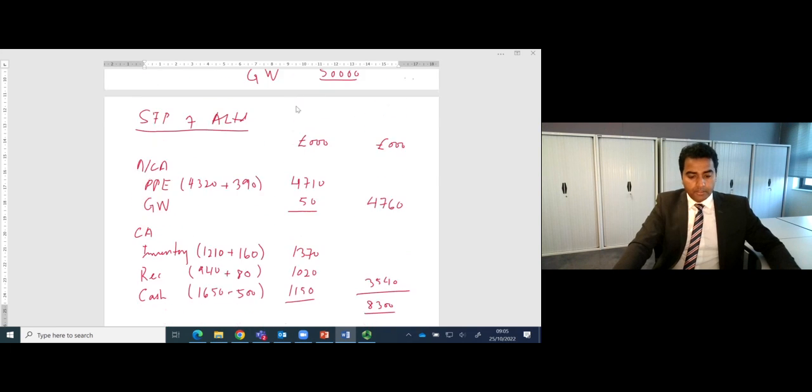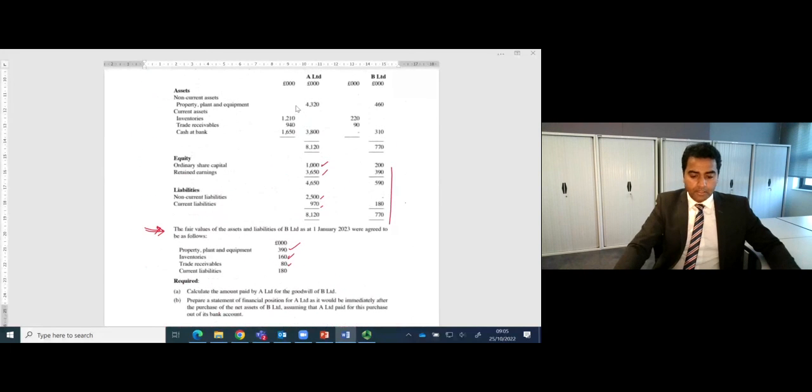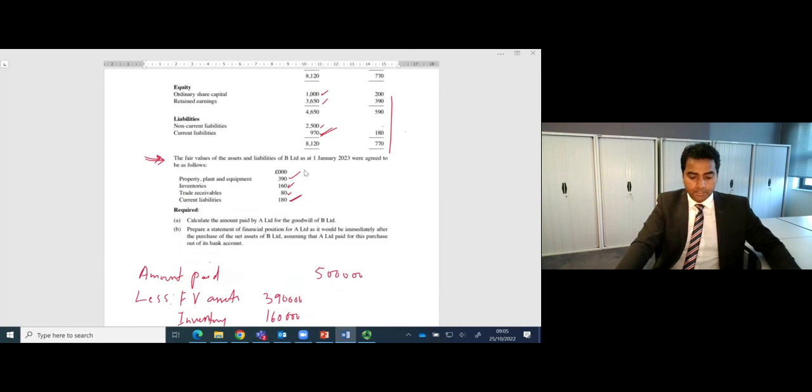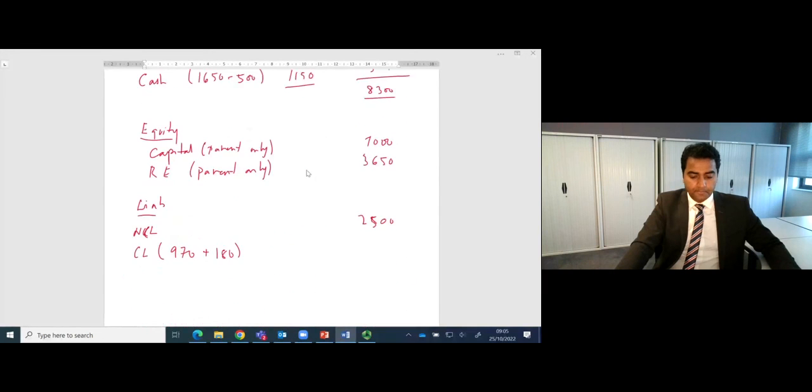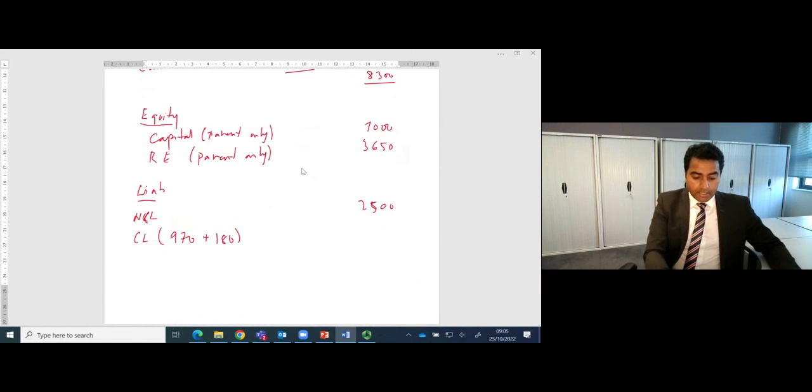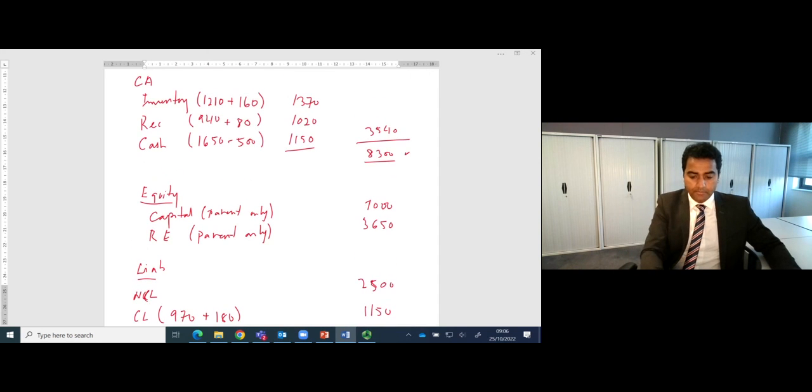So if we go up, you can see 970 is for the parent and 180 is for the subsidiary. Adding these two figures together, it's 1150. Now adding all the capital and the liabilities, the total is 8,300, which is the same as all the assets.